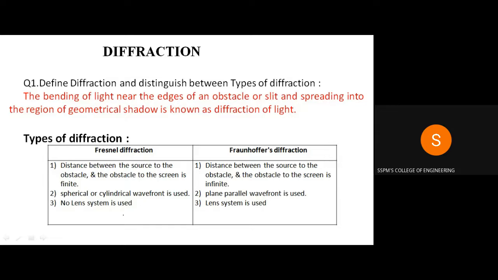No lens system is required to study Fresnel's diffraction. Whereas in Fraunhofer's diffraction, the distance between source and obstacle and between obstacle and screen should be infinite. Plane parallel wavefront is used. A lens system is required to study Fraunhofer diffraction. This is all there for your syllabus.